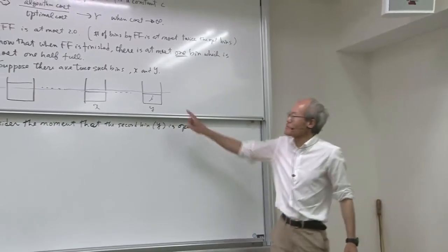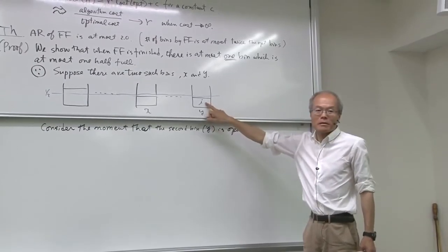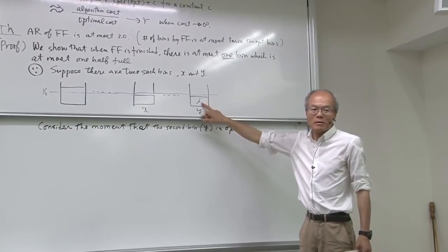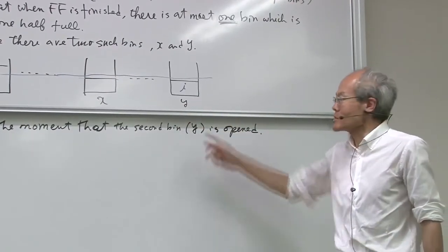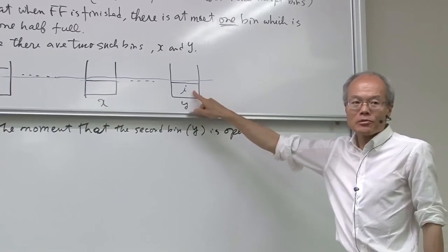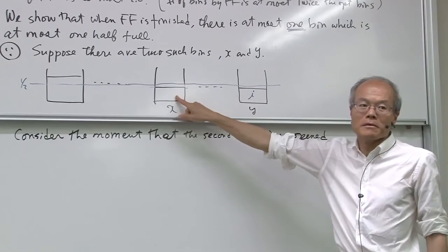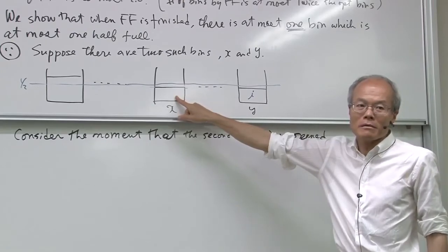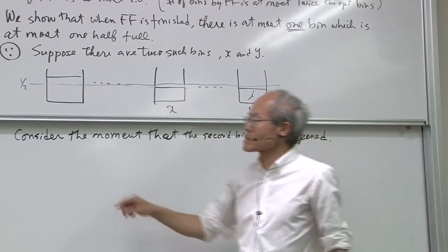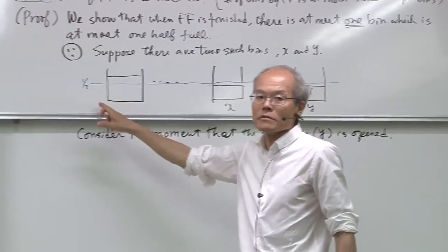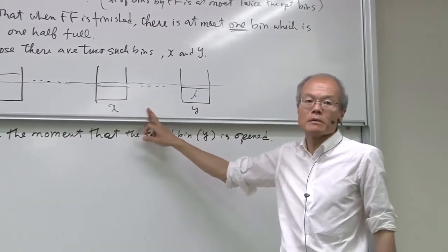Why? This item should have been put here, because remember, FF looks at bins from left to right, then puts the current item into the first bin which is available.